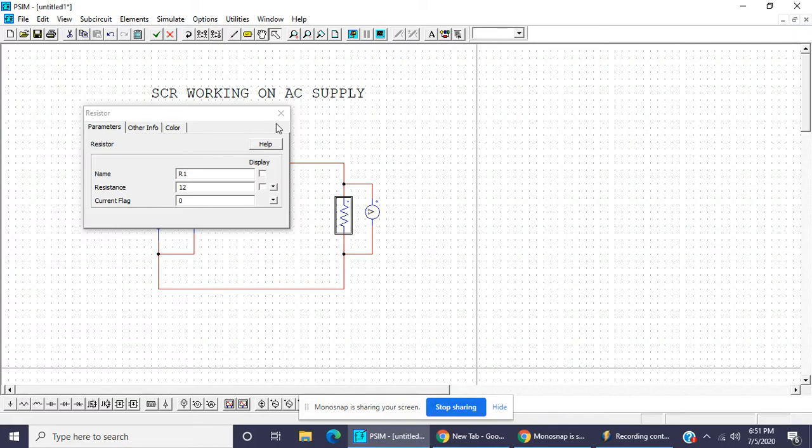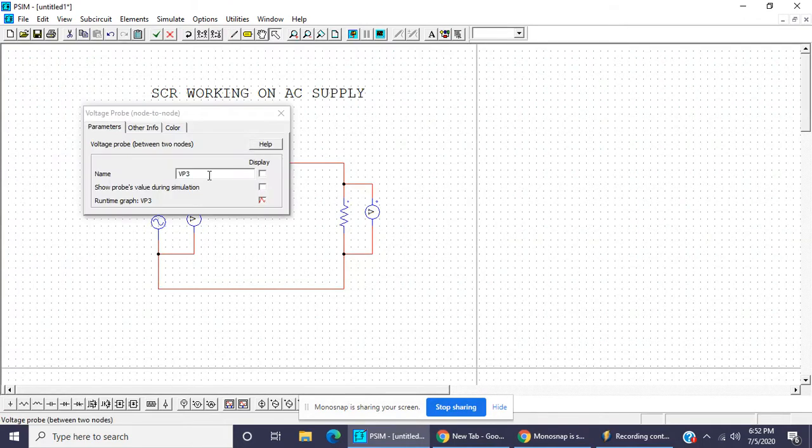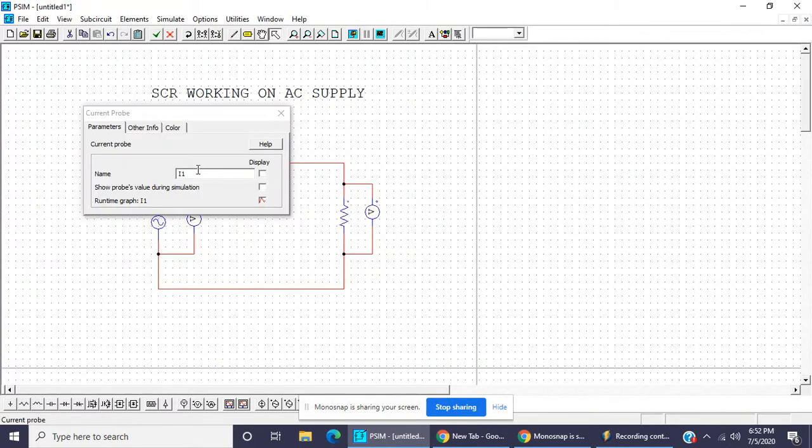Load resistance is equal to 12 ohm. Voltage across the thyristor is equal to VTH and current is equal to I1.